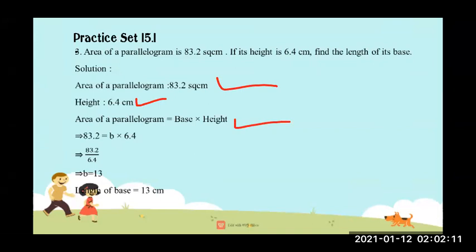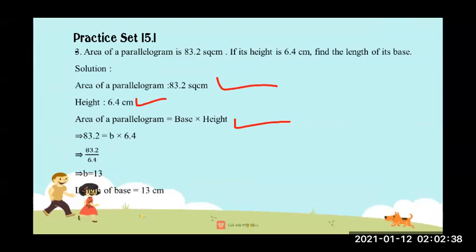So 83.2 is equal to base, which is not given, so B as it is, multiplied by height 6.4.